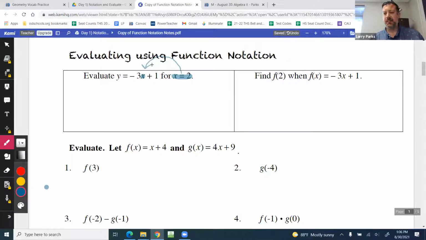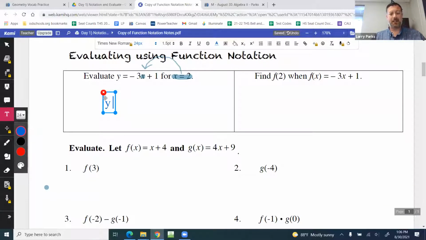That is the way you're used to seeing. Okay, you should know how to do that from Algebra 1. And what do I get? I get y equals negative 3 times what x is, 2, plus 1. If I do the math real fast, negative 3 times 2 is negative 6. Negative 6 plus 1 is negative 5.